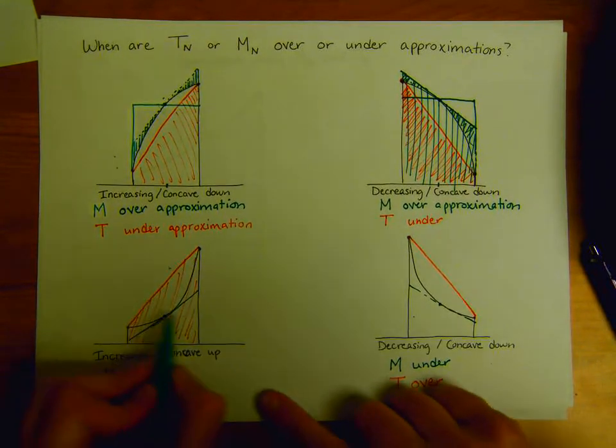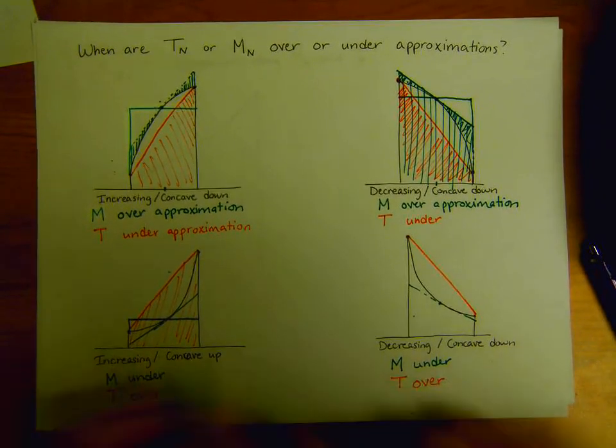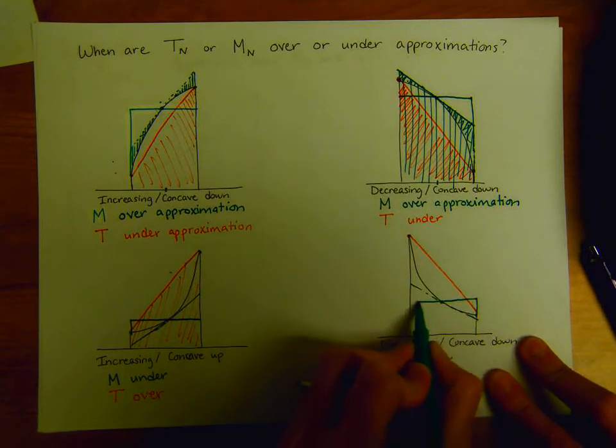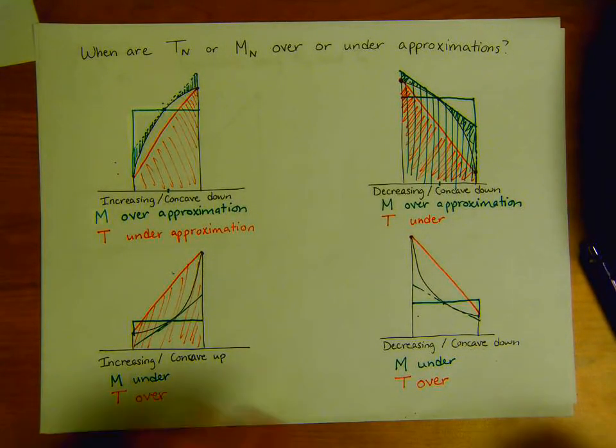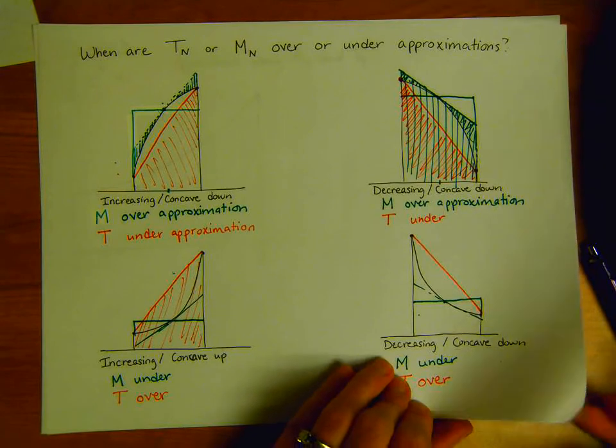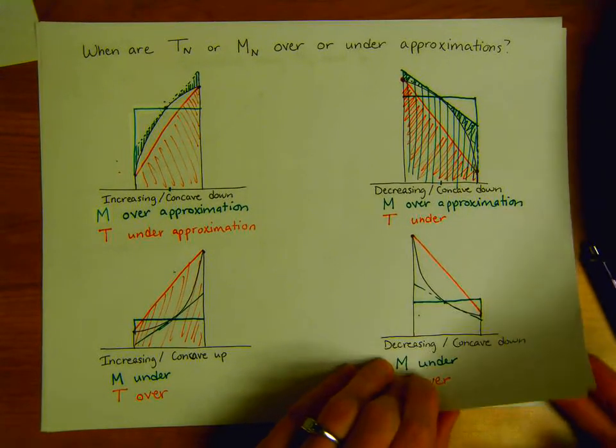And maybe I should draw in my midpoint rectangles so it's not confusing. It's not like we're doing two different trapezoid rules. This is just a way to visualize whether they're over or under approximations.